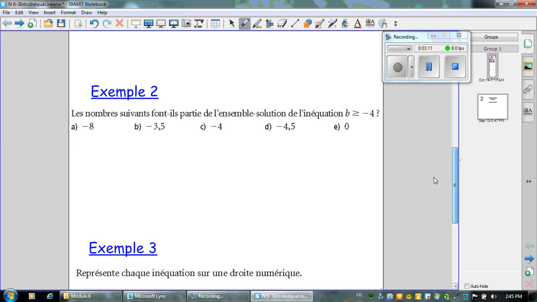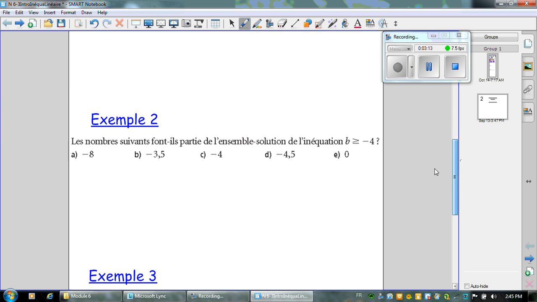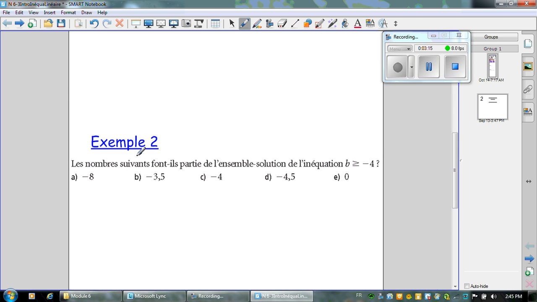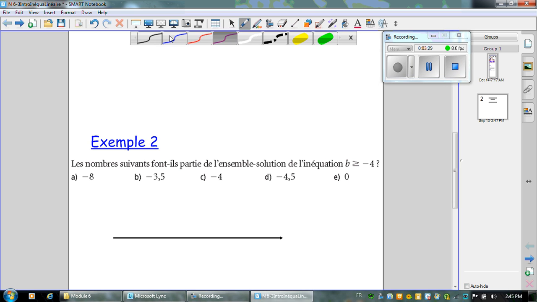Here we go. We're going to do an example here. We need to identify which of these numbers satisfy this inequality. This inequality says all the numbers that are greater than or equal to negative 4. To do that, you just draw a number line and identify negative 4. Any number to the right is greater than negative 4.